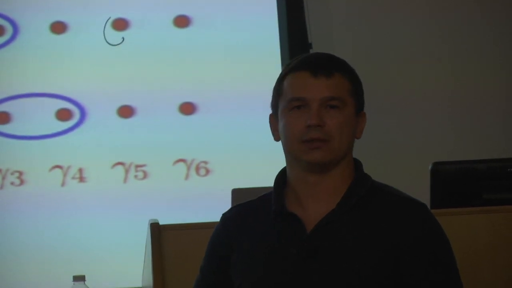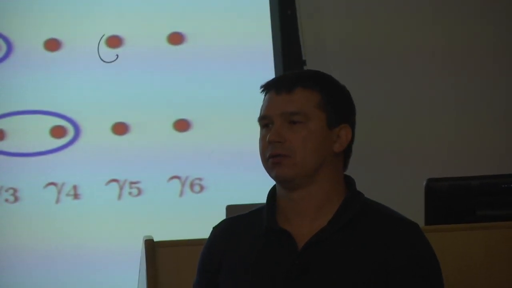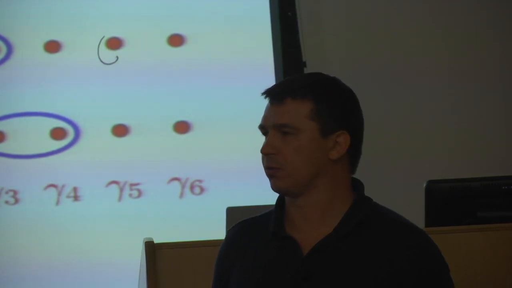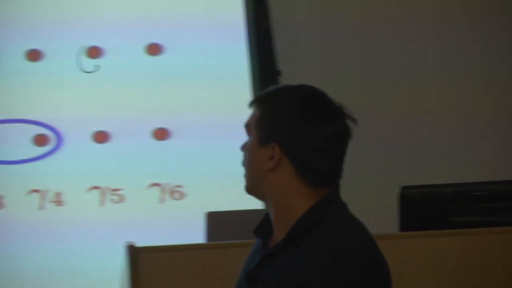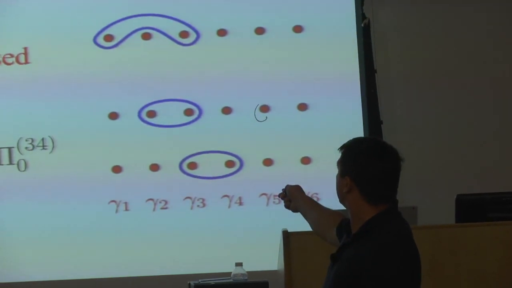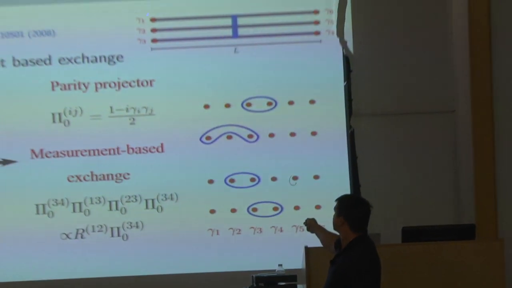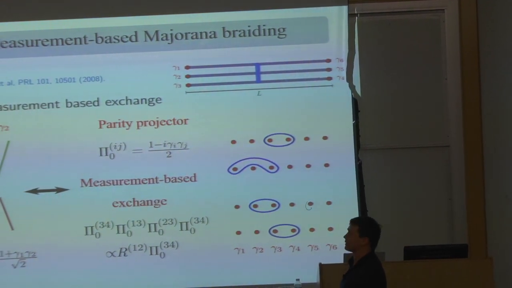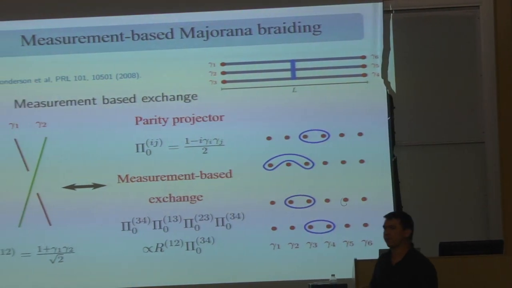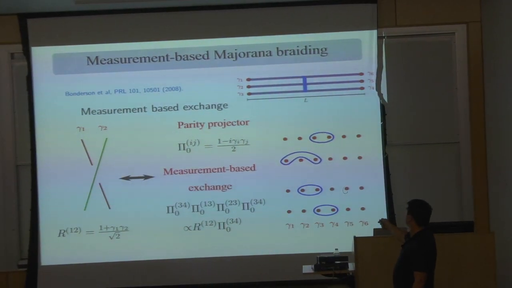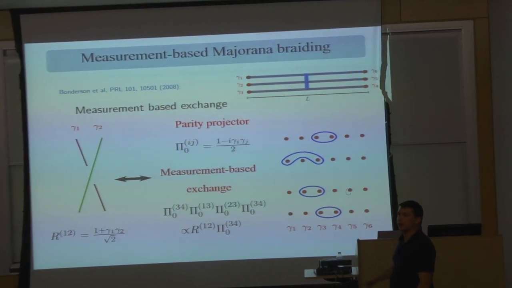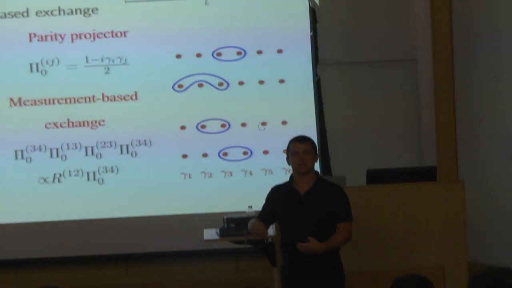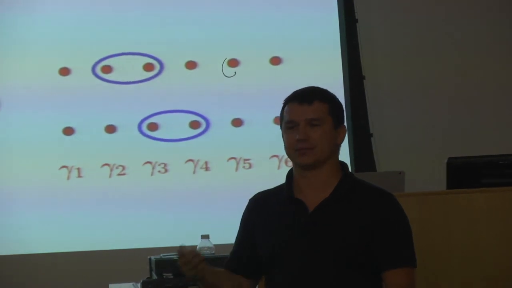We think that if we realize the system, we have ground state degeneracy, we can implement single qubit operations which consist of measurements, say, gamma 1, gamma 2. And suppose we think about measurement of gamma 1, gamma 2 as a sigma x operation, then the measurement of gamma 2 and gamma 3 does not commute with the operator gamma 1, gamma 2, so therefore it has to be something like sigma z.